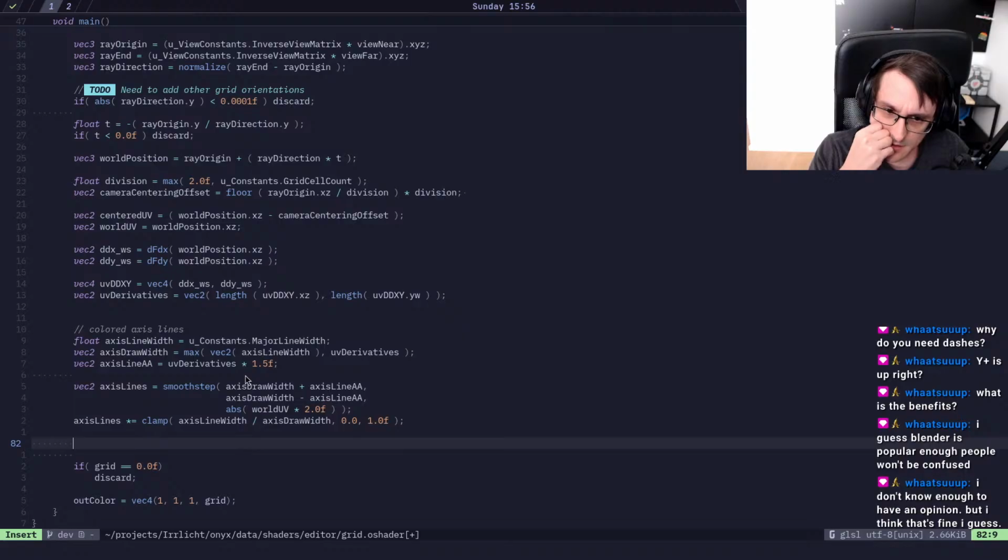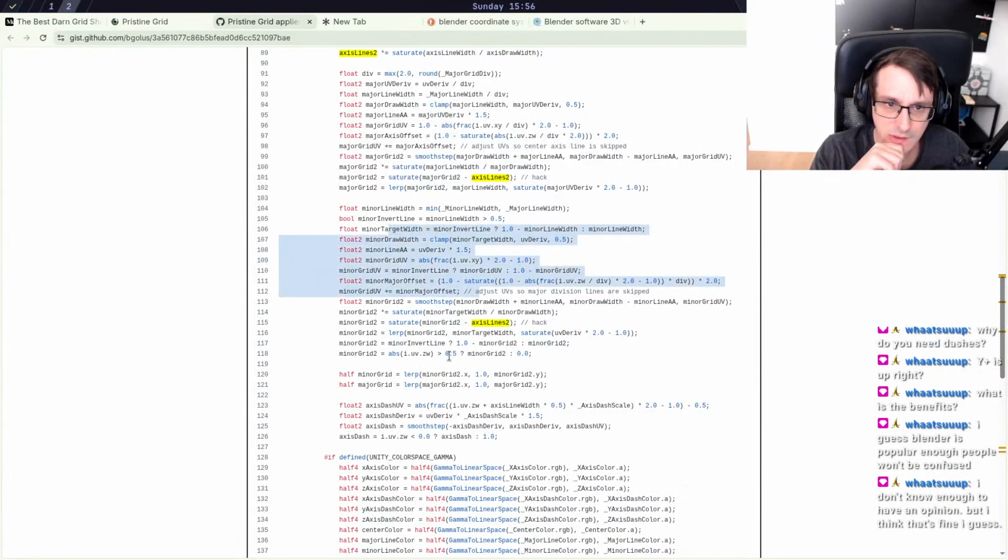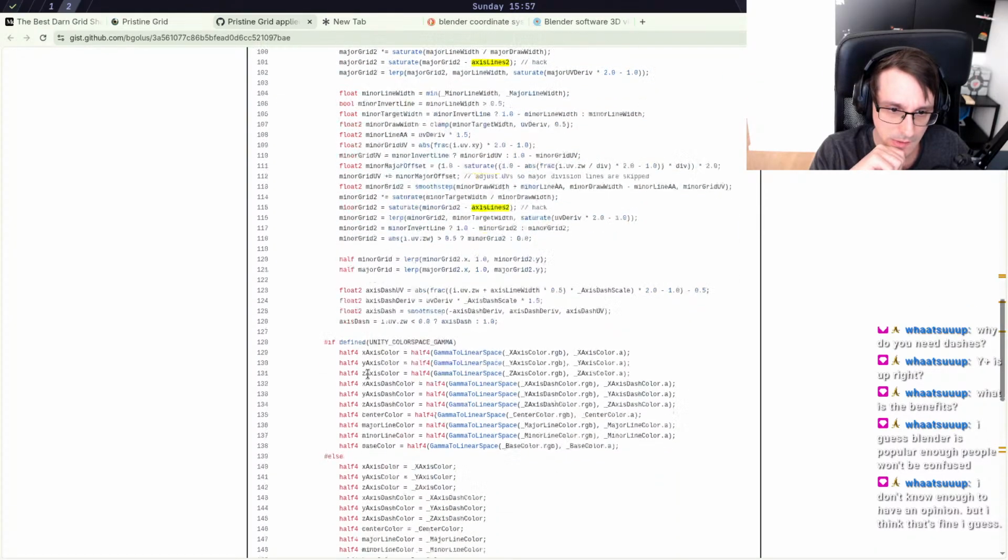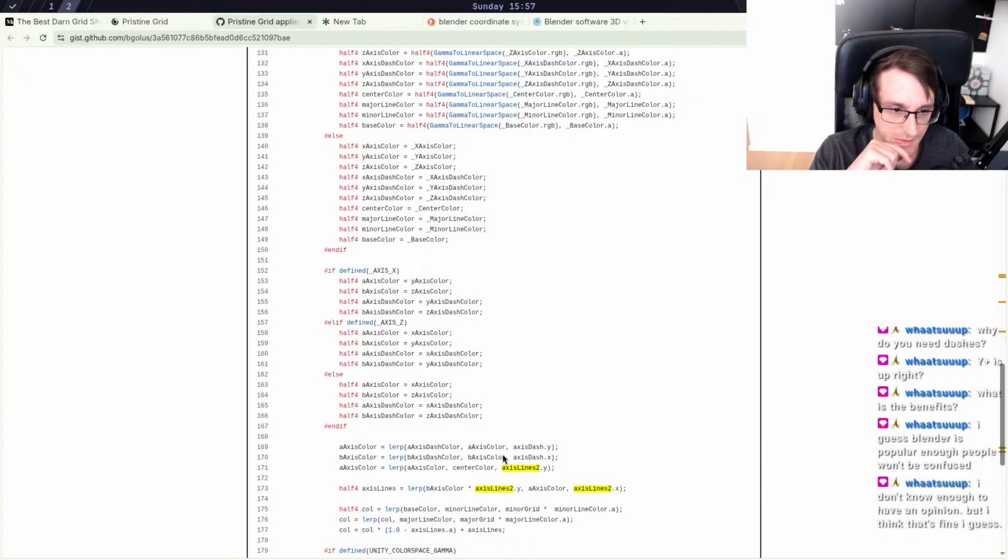Oh no, I probably still need to do a thing with the grid cell right here, because there is nothing with the grid cell here yet. That all comes here. Because then he takes... That is basically the color.